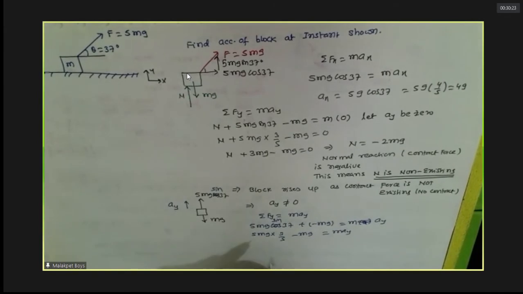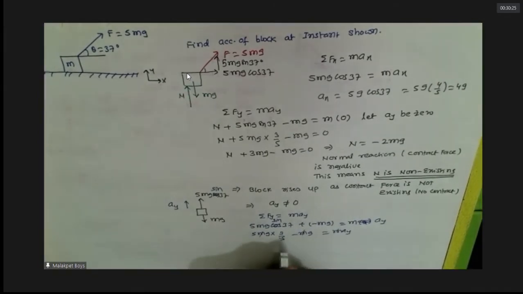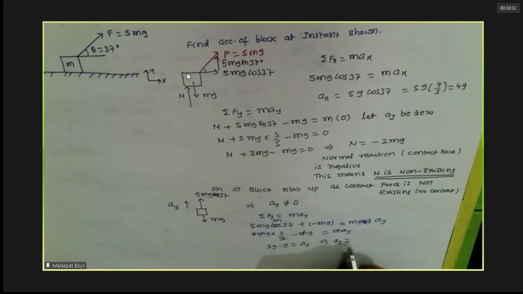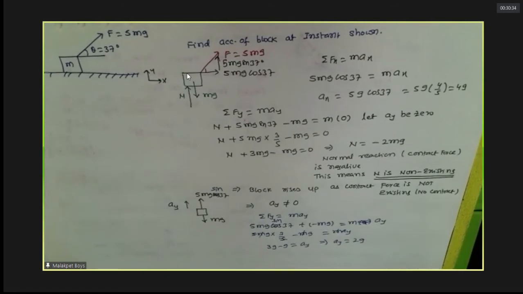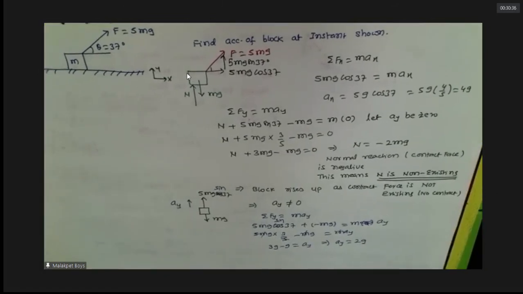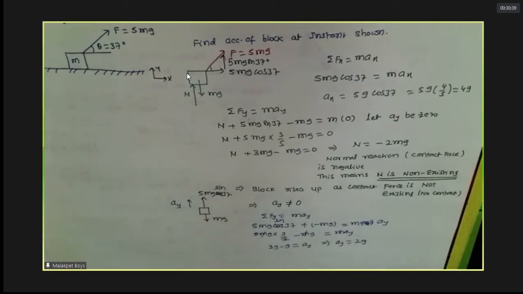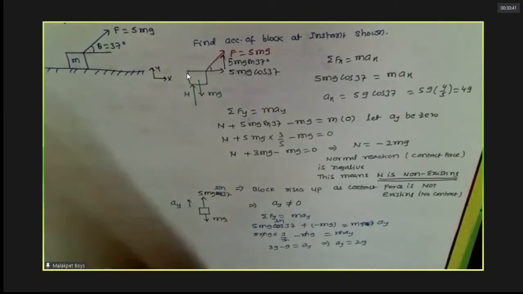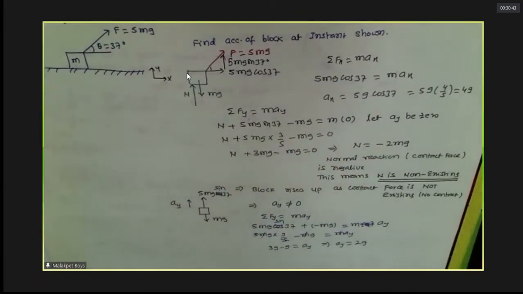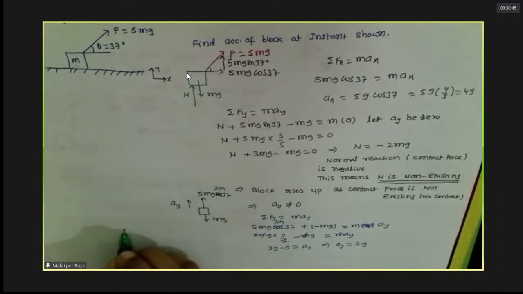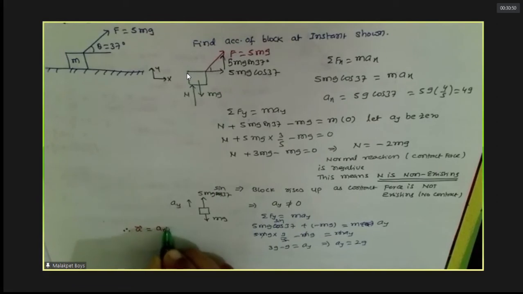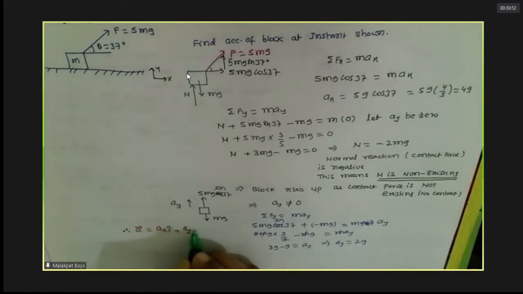Do you agree with this? Yes, sir. This implies that Ay is 2g. Understood this? Yes, sir. So therefore, we can conclude that acceleration has an Ax component existing, and Ay component is also existing.